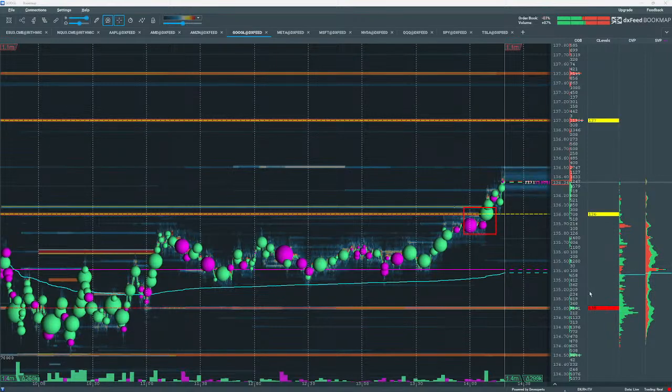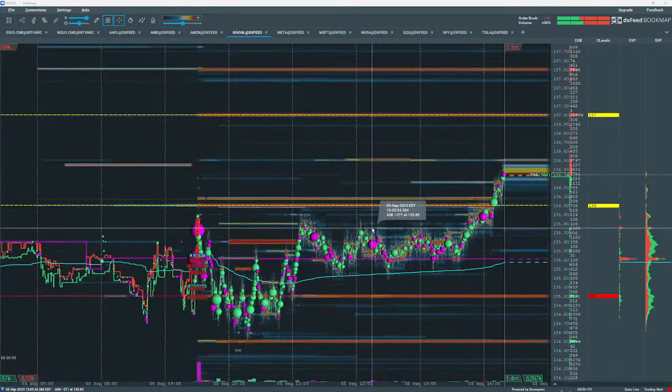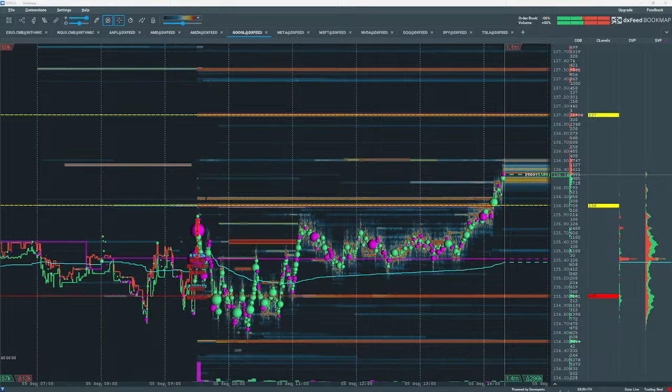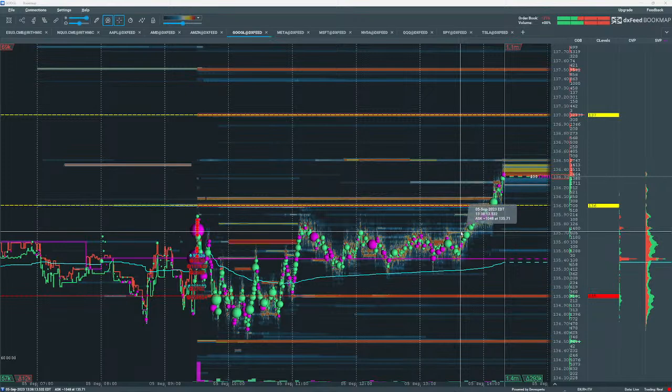So Google right around there. So it looks like in this case, for AMD and Google, the flow alerts were more marking a breakout.